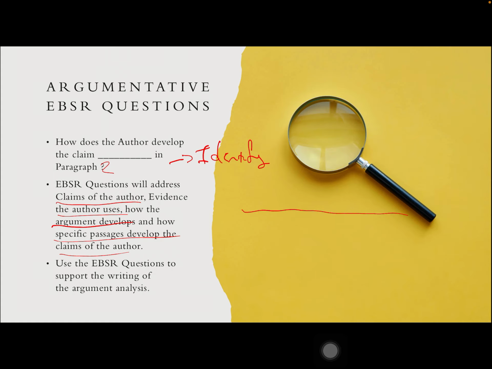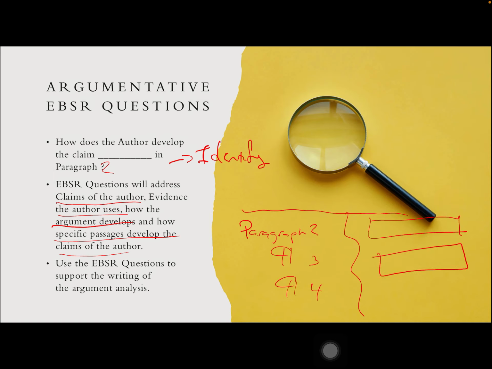You might have a drag and drop, like paragraph 2, paragraph 3, paragraph 4, and it might say, okay, here are your pieces of evidence. Pick which one goes with which paragraph. You might have something like that.